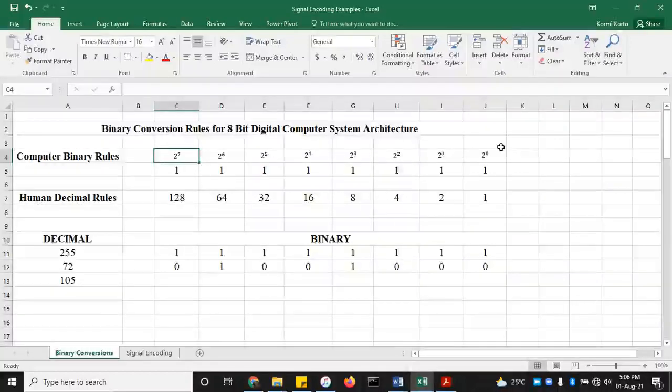And the way they go about it is by representing the 8-bit sequence in logarithms of base 2.